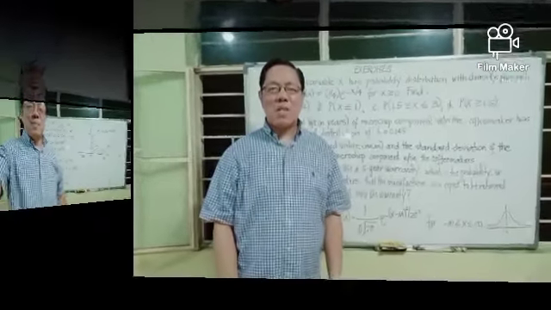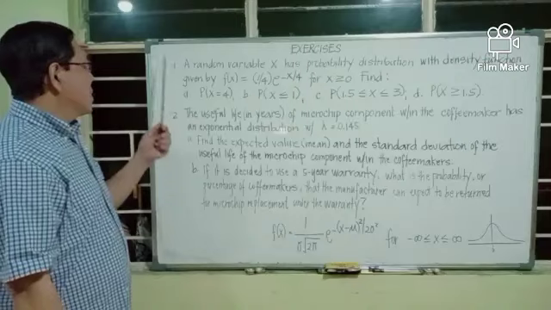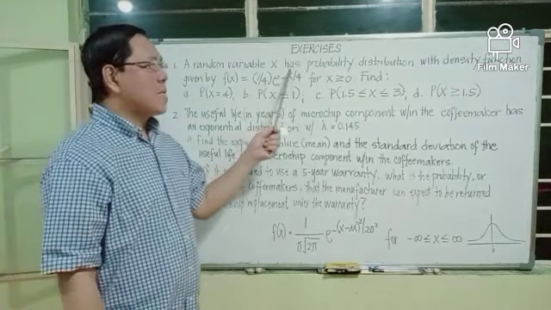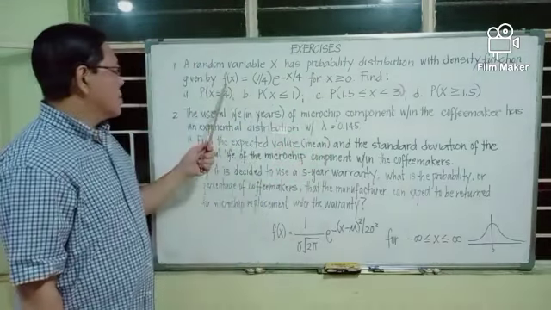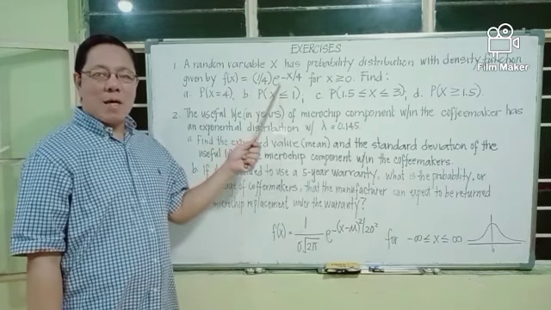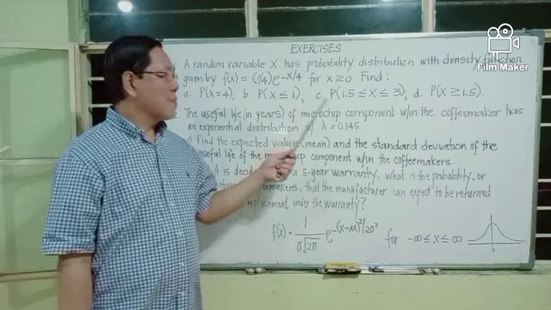For your practice, please try the following exercises. Number 1, a random variable x has probability distribution with density function given by f of x equals 1/4 times e to the minus x over 4 for x greater than or equal to 0.